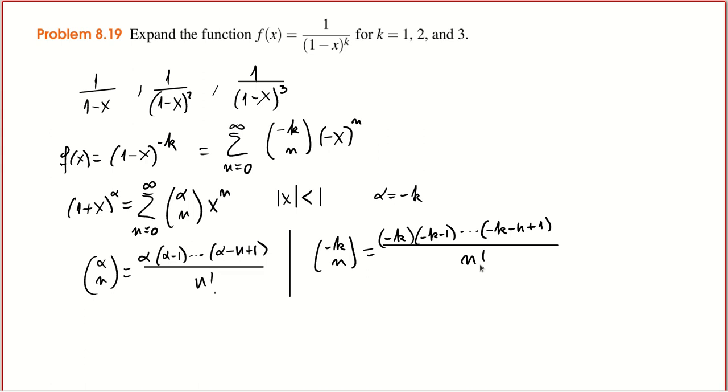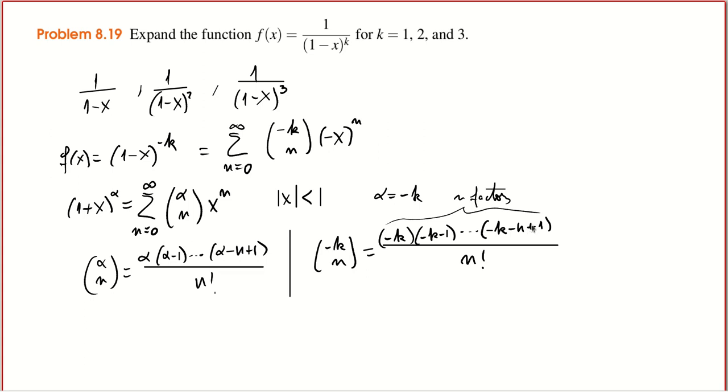All right, there are n factors here. This goes from alpha minus 0 to alpha minus n minus 1, so there are n factors, and all of them are negative.